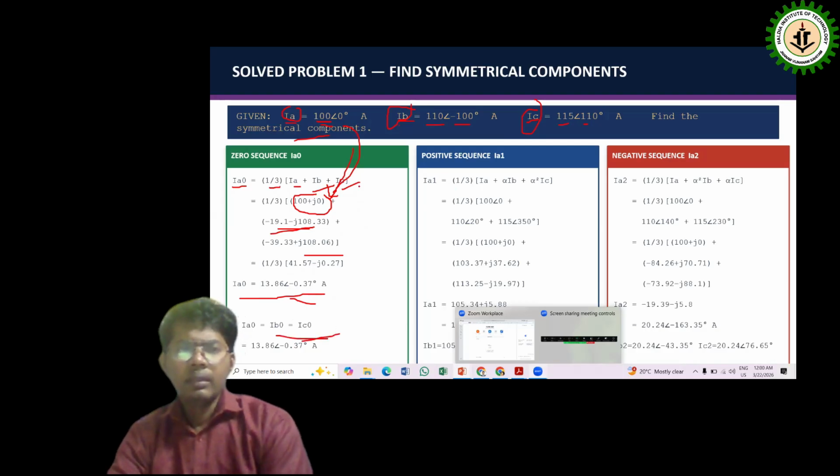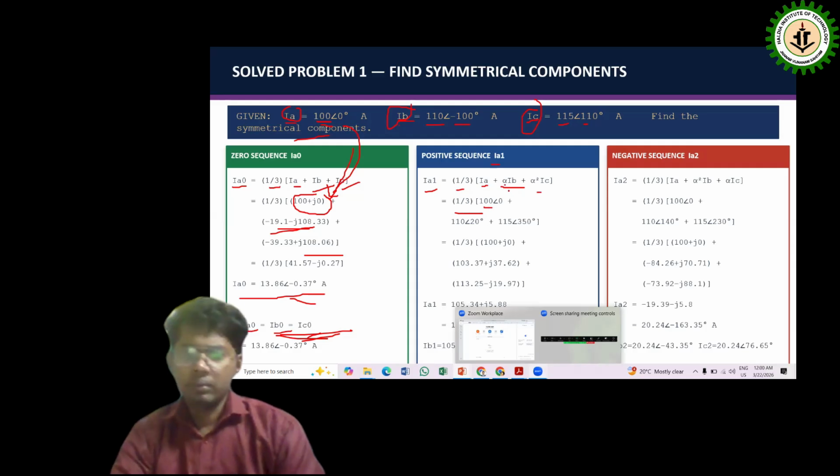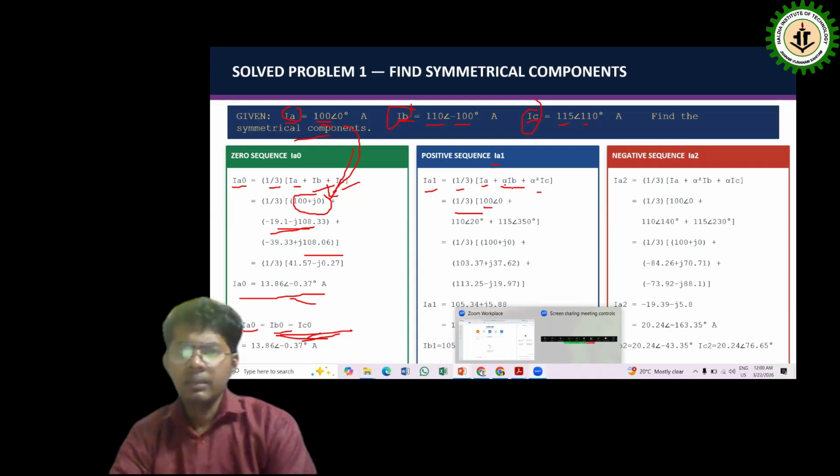Sorry, the zero sequence component of A, zero sequence component of B, and zero sequence component of C are equal to the same value. Next, the positive sequence component of A: IA1 equal to 1 by 3 into, simply put the formula, IA plus alpha IB plus alpha square IC. Next, put the values. IA value is given. Alpha equal to 1 at an angle 120 degree. And IB value here is 110 at minus 100.